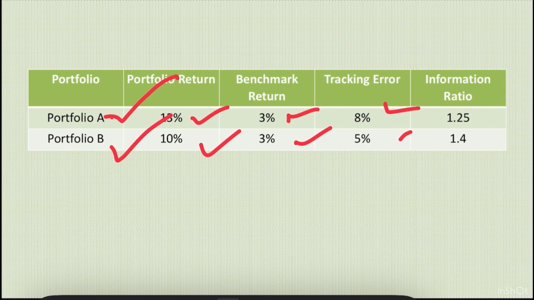Okay, for portfolio A it was 1.25 and for portfolio B it was 1.4. Higher the information ratio, higher will be the returns, right? So which portfolio do you think is better? Portfolio B.